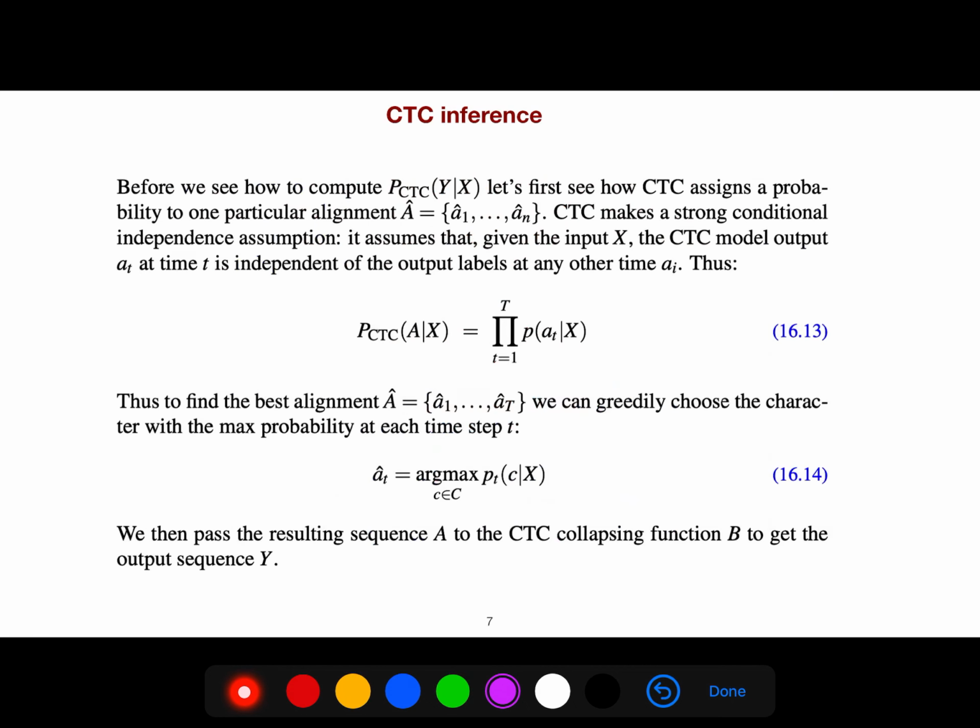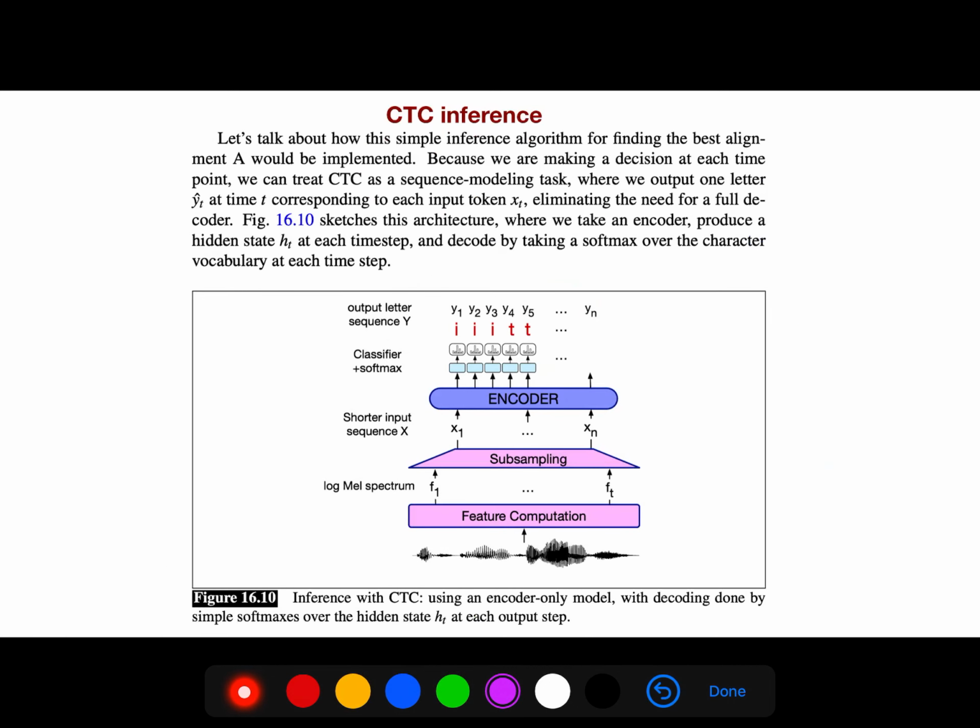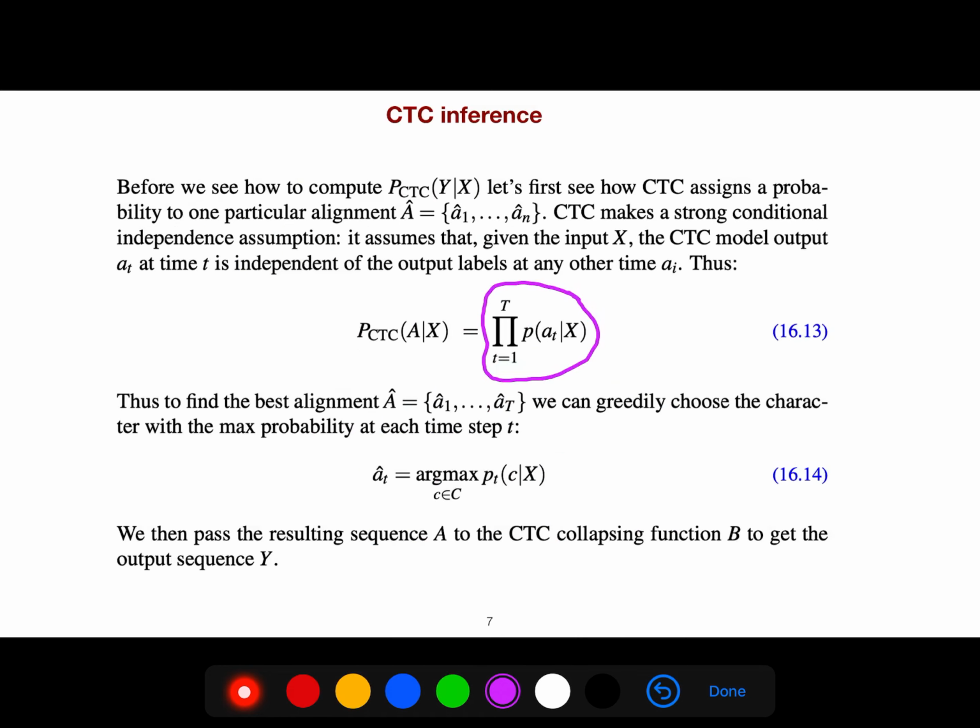So first of all, we should start with CTC inference, which says that we make a strong conditional independence assumption, so that our decoder is reduced to just a simple classifier, because we are not using any decoder.